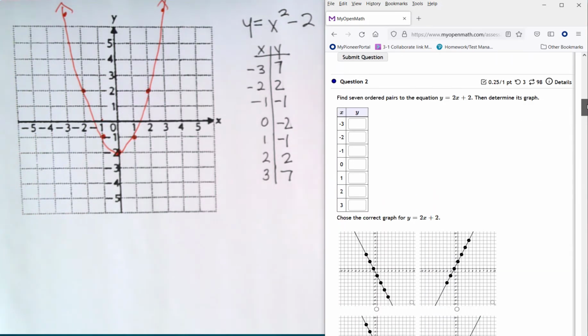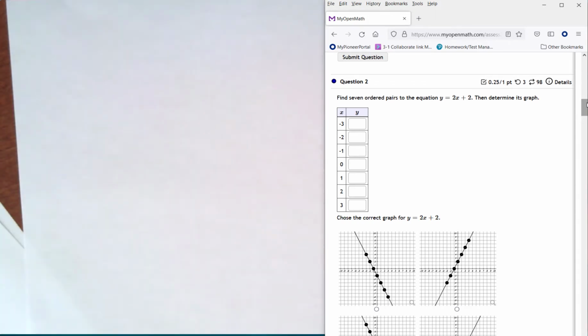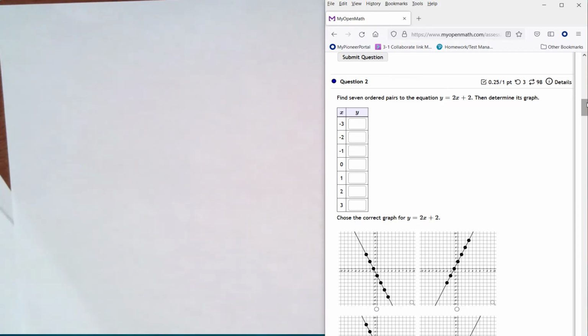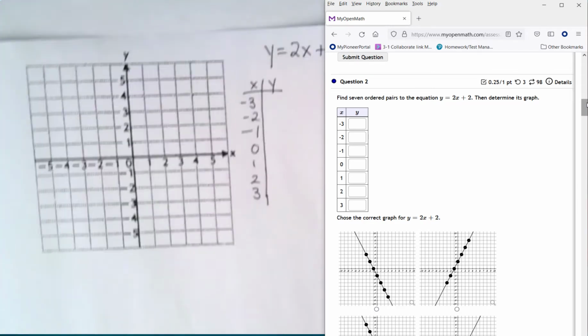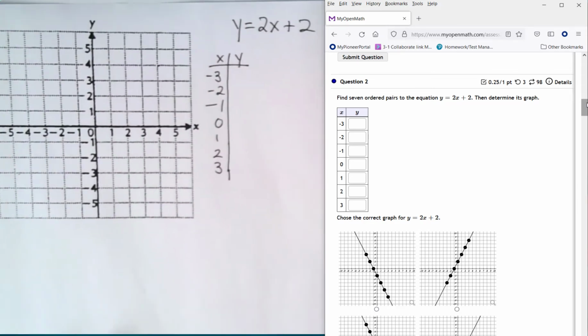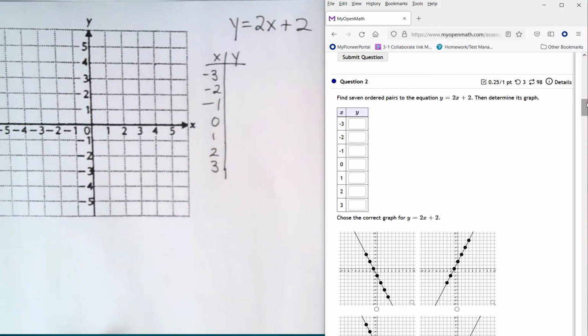All right. I also picked question 2 for us to look at with the graphing calculator. Question 2 is a line. And you should recognize that before you ever go to the calculator because of the form it is in. The exponent of the x is 1.